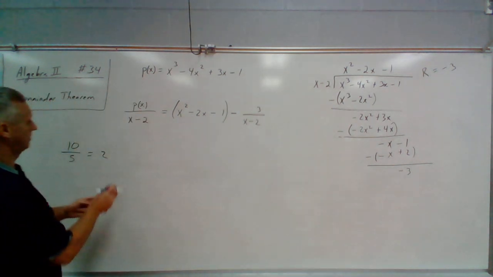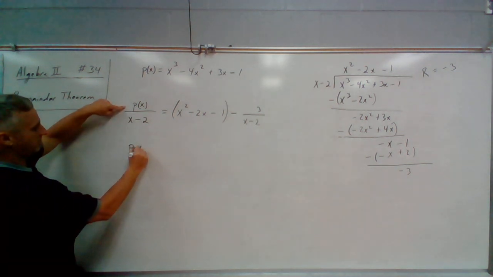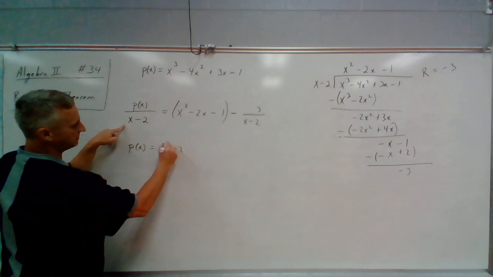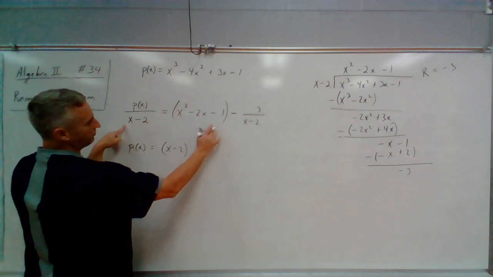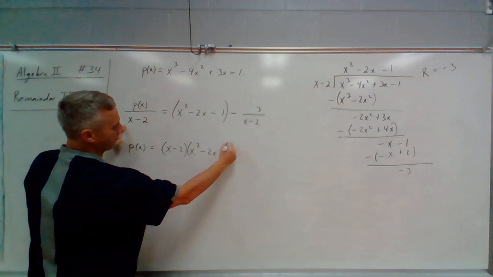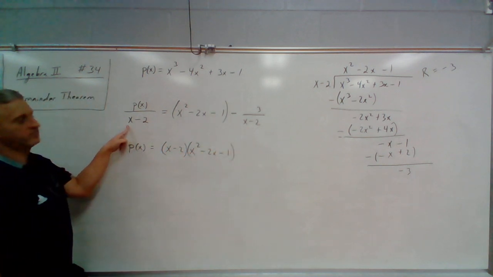Right? So if we do that, P of x should equal x minus 2 times this whole polynomial and x minus 2 times this polynomial.